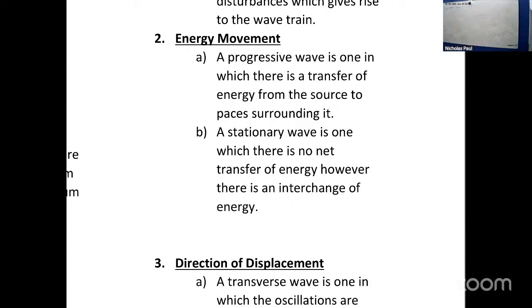A stationary wave is one in which there's no net transfer of energy, but there's a constant interchange of kinetic and potential energy, with nothing being transmitted. So we are going to focus a lot on stationary waves. Sound is an example of something that might experience a stationary wave.